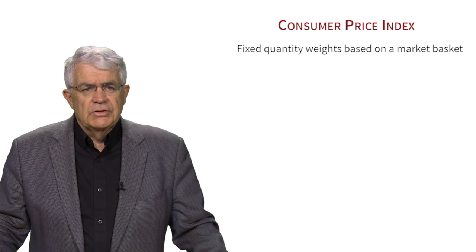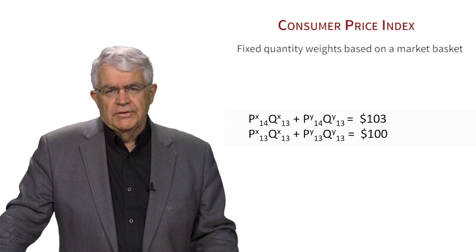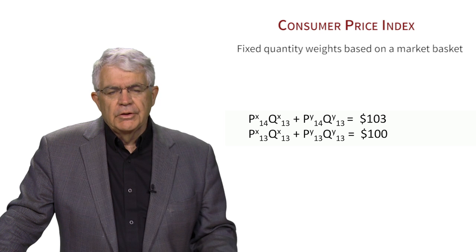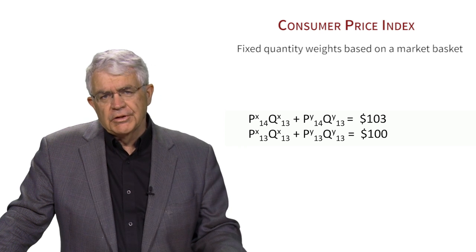And it's done just as in this formula. So for example, this formula has the quantities fixed for the 2 years. You can see they're fixed at 2013. We're trying to compare the price level or the price index in 2013 and 2014.